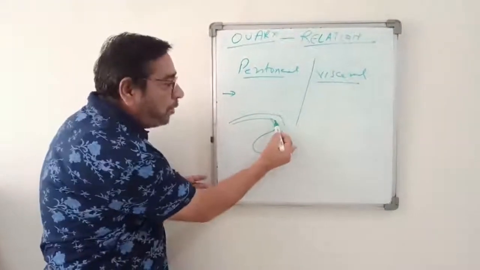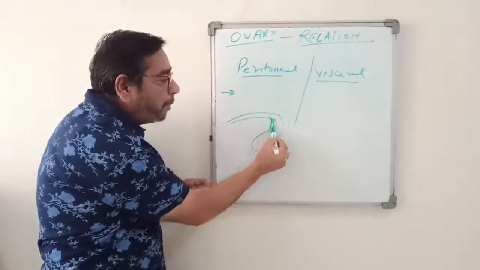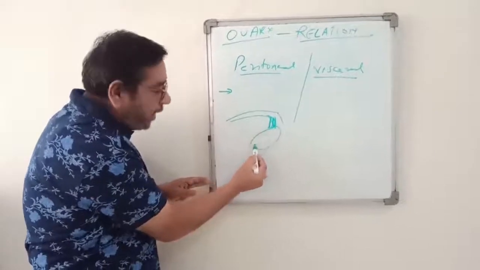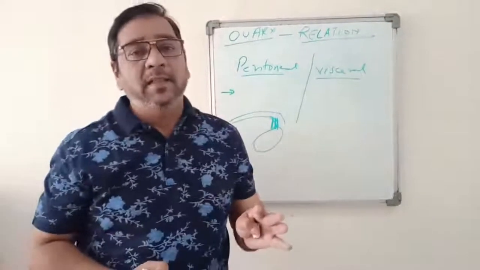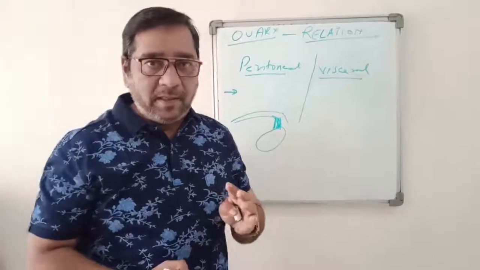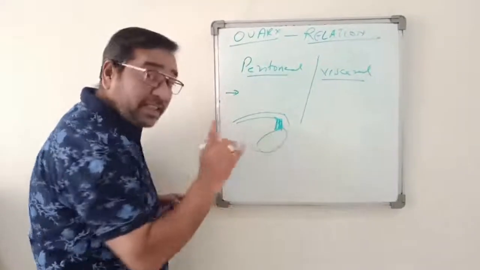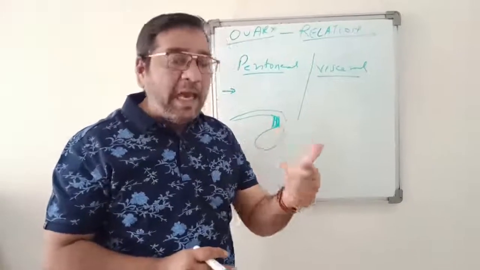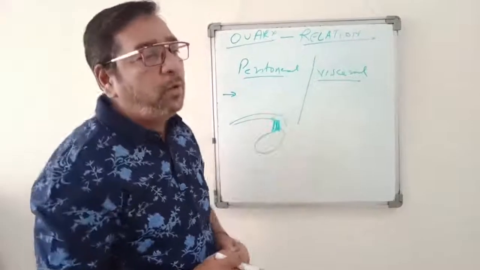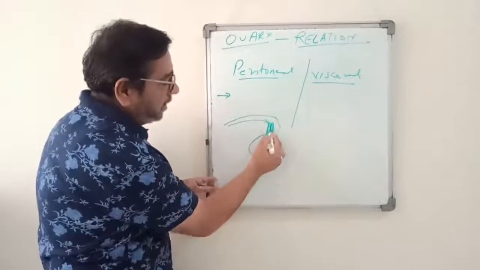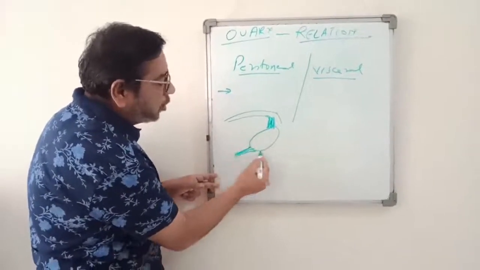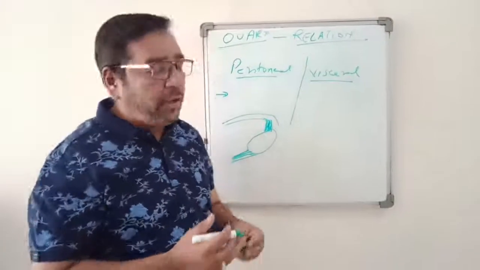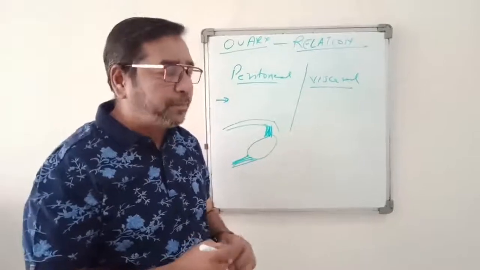From the infundibular part to the upper pole of the ovaries, and from the ovaries to the external iliac vessels. So the suspensory ligament extends from the uterine tube, infundibular part, and from the ovaries up to the external iliac vessels, which is here. This is the suspensory ligament. These are the peritoneal relations of the ovaries.